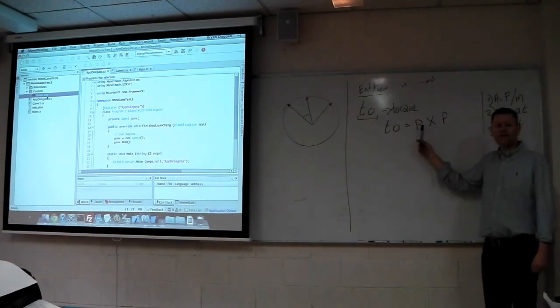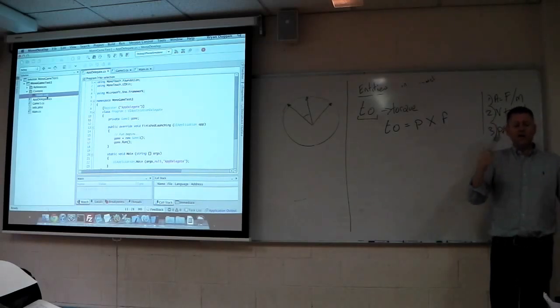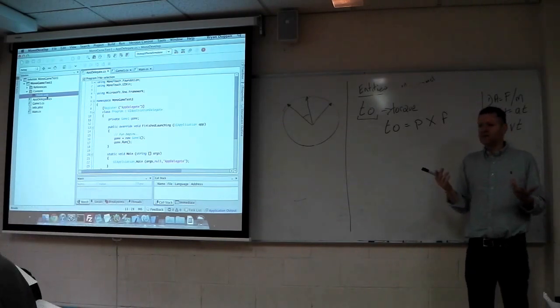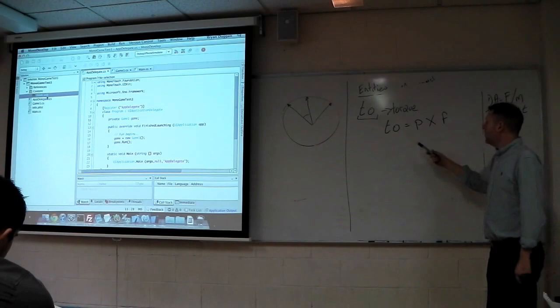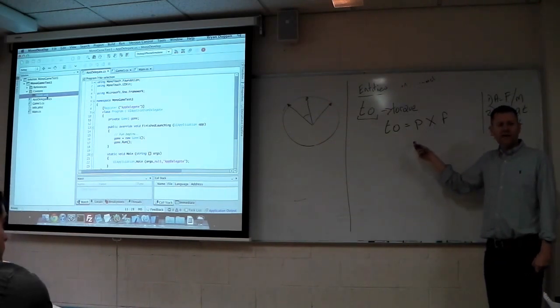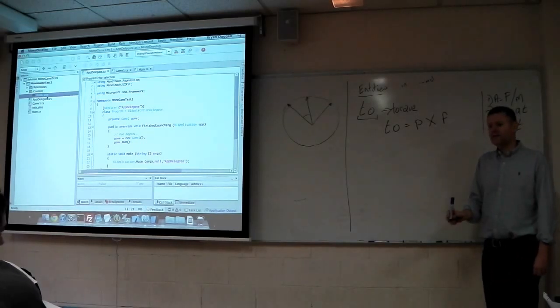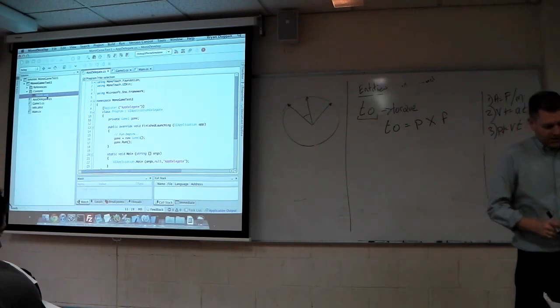Because if you're right at the center of the object and you apply the force, you get no torque. It's technically not possible, you can't really apply it. But the point is that the closer you are to the center of mass of the object, the less torque is applied, all right? And then the torque is, if you like, applied around the axis of rotation. So that's what that equation is capturing, right?